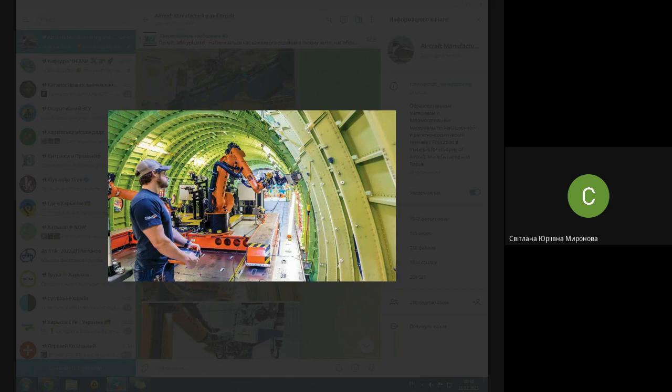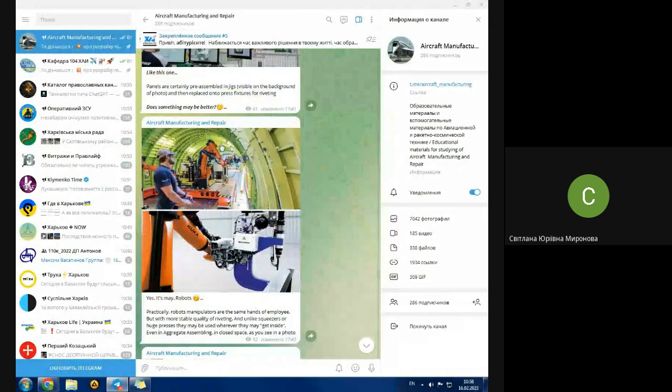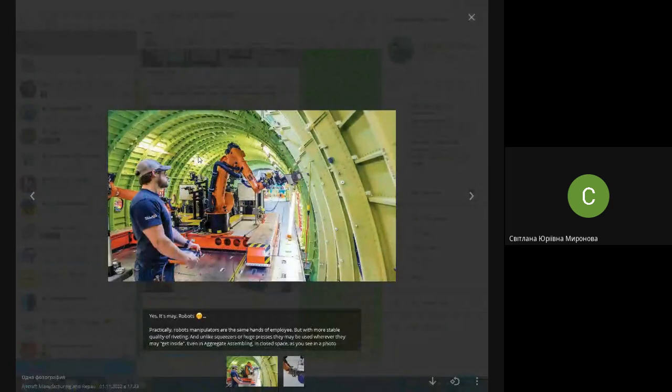And in order to work on them, the employee even has to squeeze inside in such positions. Maybe I have shown you such photos already in our summer practical training, how they squeeze inside the structure in order to get access to riveting places. And of course, in this case, everything will be much slower.